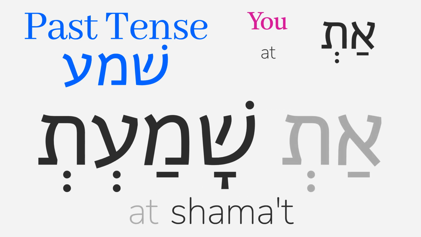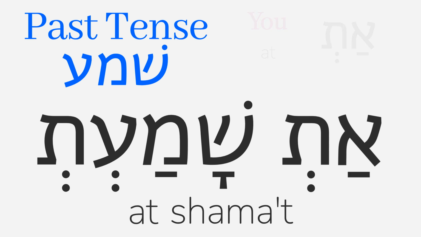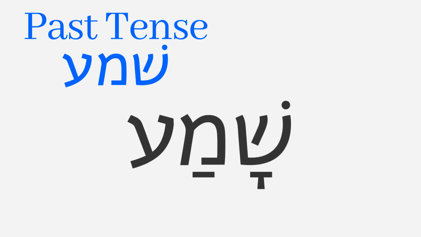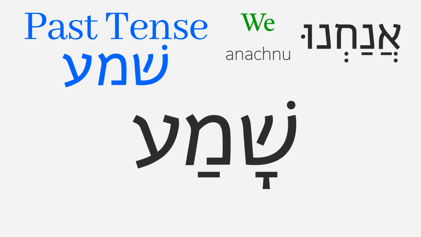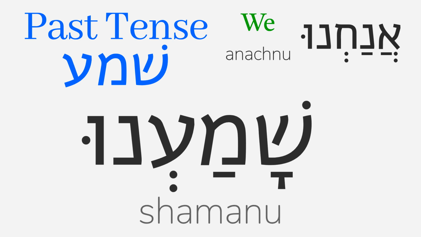Shamat. At shamat, you heard, feminine singular. Again, notice the similarities between the endings of the pronouns ata and at and their corresponding past tenses, shamata and shamat.